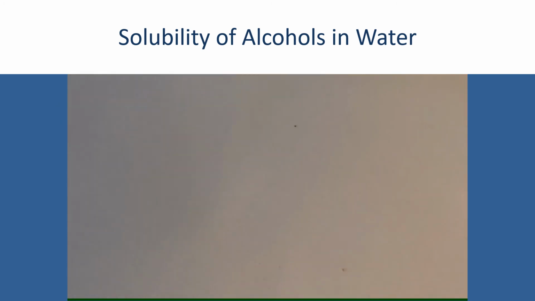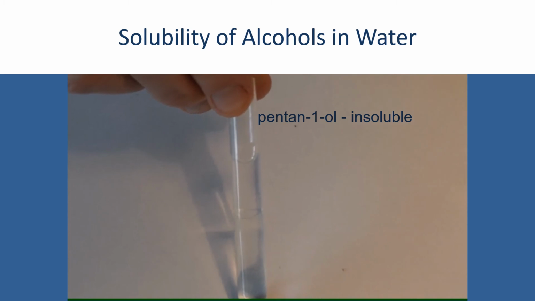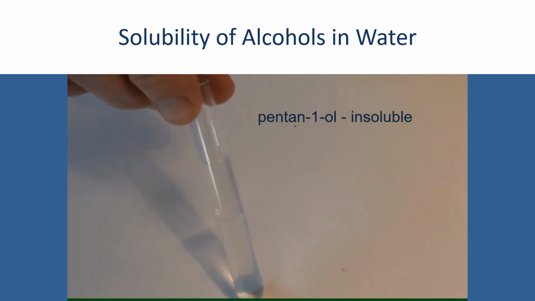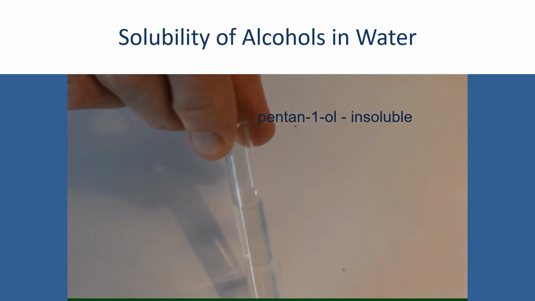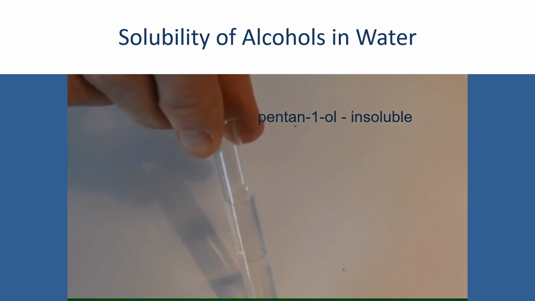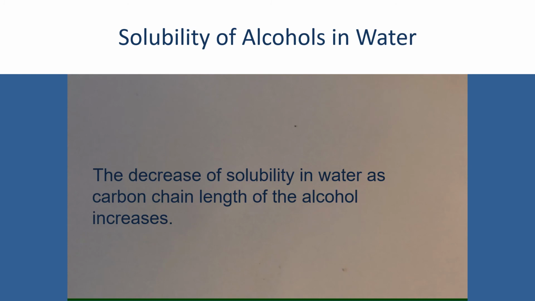And then finally with pentan-1-ol, the exact same. Pentan-1-ol is insoluble in water. It's sitting there as a layer on top of the water that we added it to. So as we go from methanol with 1 carbon atom up to pentan-1-ol with 5 carbon atoms, there is a decrease in solubility as the alcohol chain length increases.